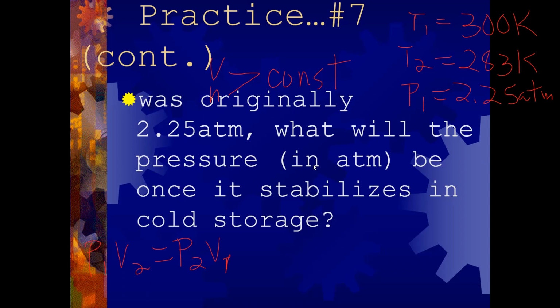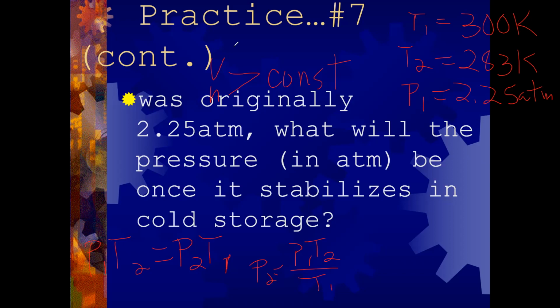I mean to say T and I said V. Excuse me, it's still correct. So substituting that, and we want P2, obviously, P2 is going to be equal to P1 times T2 over T1.